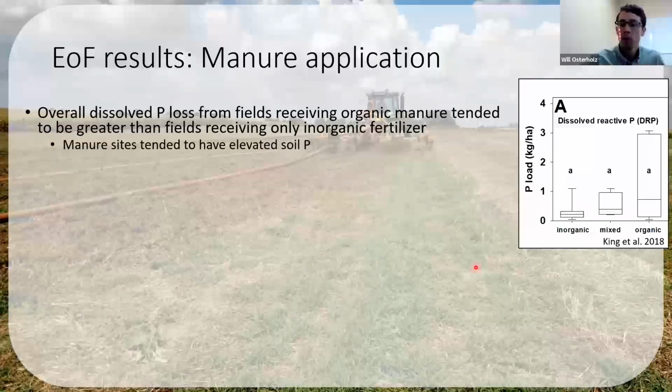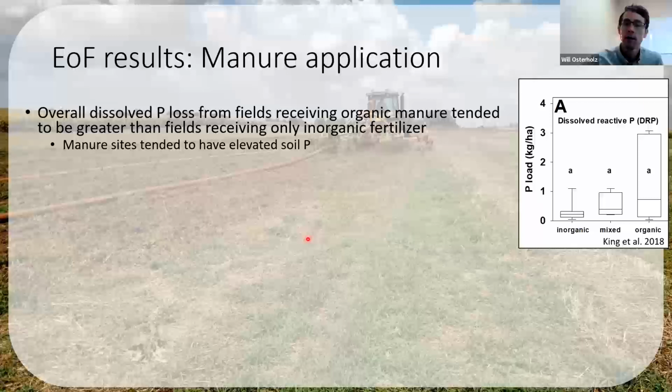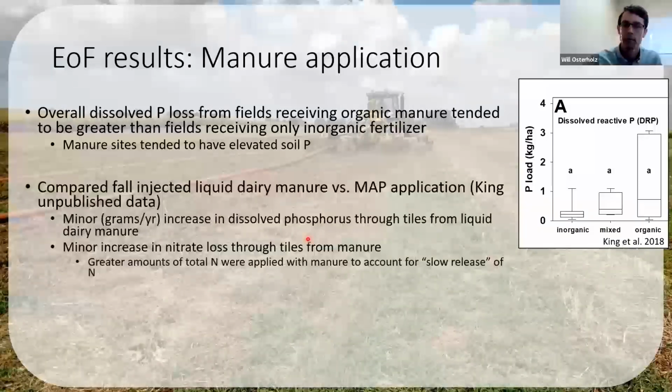One important caveat with that study is Kevin didn't control for the underlying soil phosphorus levels. And we know in our network that the fields that tend to receive manure also tend to have greater soil phosphorus. So it's not entirely clear if this effect is due to the actual manure itself or due to that greater store of phosphorus in the field.